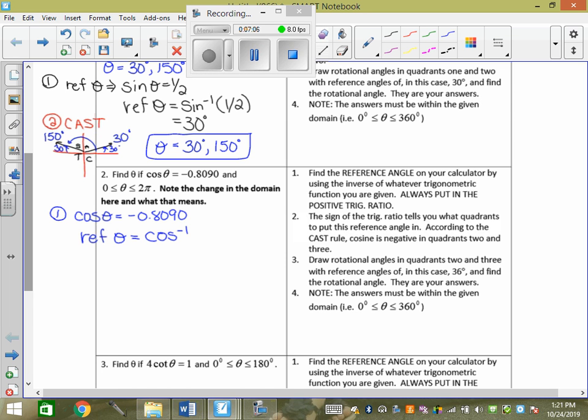Quadrant 1. And what are they all in quadrant 1? Positive. So even though this says negative 0.8090, we're going to use positive to just get us the reference angle. We're going to use the negative for the CAST rule, though. In degrees? Yes. No, you'll get a different answer if you're in radians.